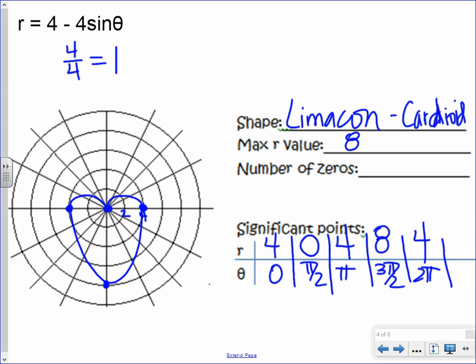Make sure that comes to a point. It needs to be nice and pointy. Make sure it comes to a nice point. When you're in calculus, we'll talk about that point being something special.